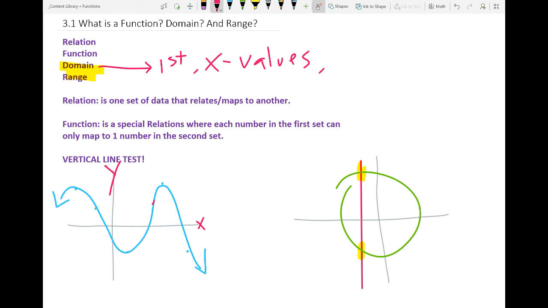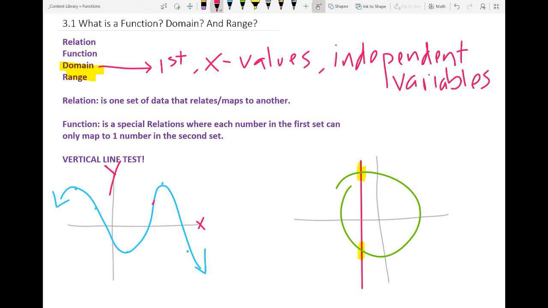And we also always call them the independent variables. When we do word problems in another video, we will talk more about how to tell if something's the independent or the dependent variable. But for now, just know that the domain is independent.